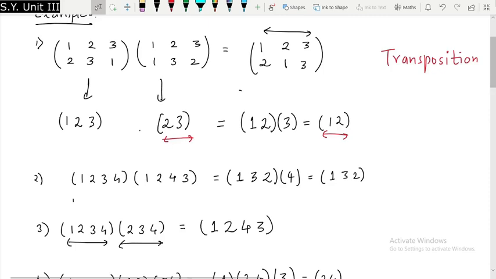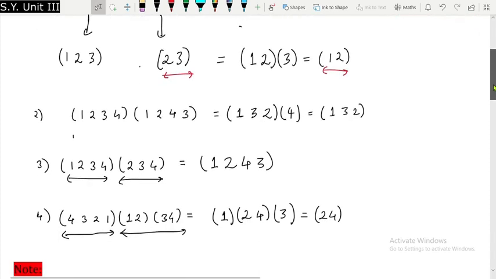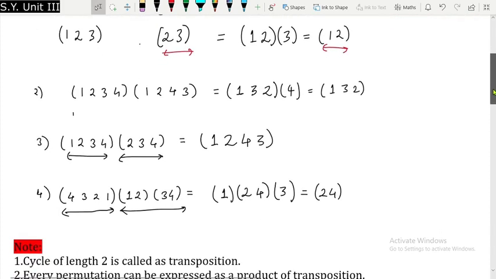In second example we don't see any transposition. In third example also we don't see any transposition, but we come across transposition in fourth example in very beautiful way. So this is a transposition. Now try to focus on this element. This is not a transposition actually itself, because it is a product of two cycles and each having length 2.